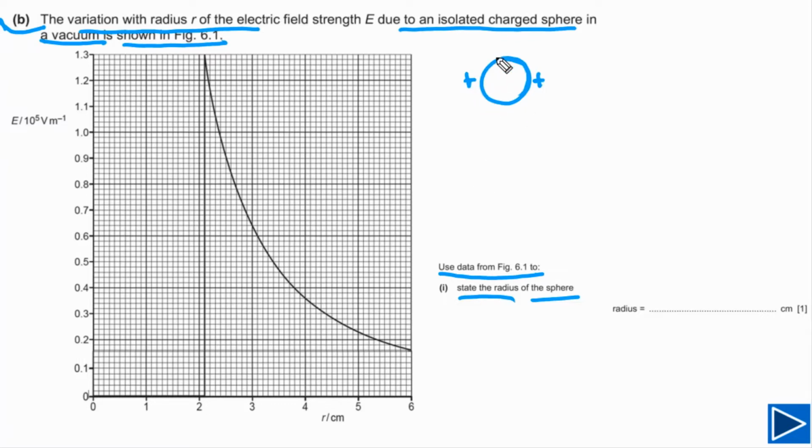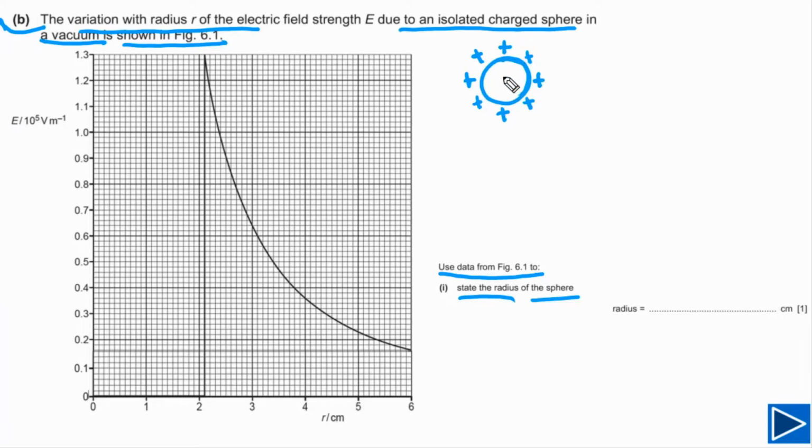So the only way they can stay is at the surface and away from each other. If we have 4 charges, they will be distributed somewhat like this. If we have 8 charges, they will be distributed like this. They will stay at the surface, as far away from each other as possible, and that is only possible if they stay at the surface.